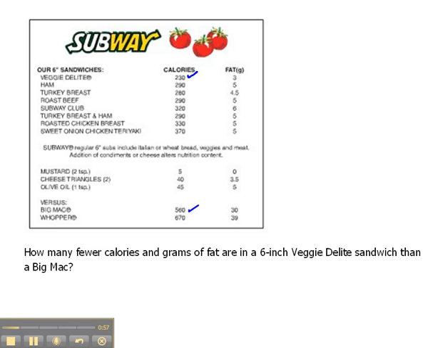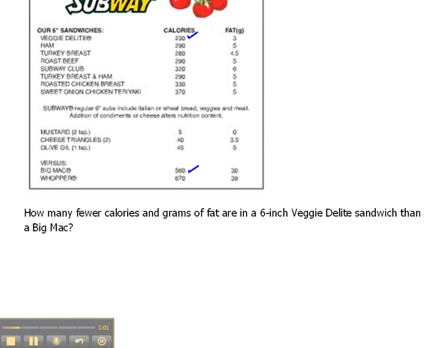The Veggie Delight has 230 calories. So if I wanted to find out how many fewer the Veggie Delight has in it, we would need to do the subtraction. So if a Big Mac has 560 and the Veggie Delight has 230 calories, we would need to subtract those to find out how many fewer.